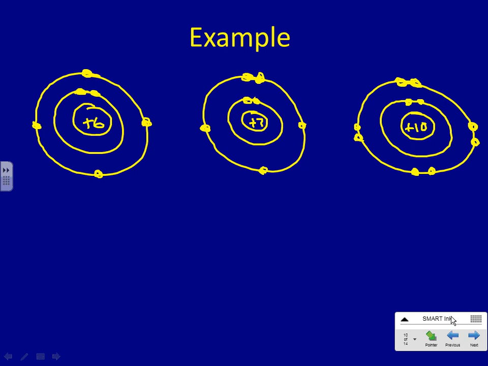But the more truthful answer, see, Abby, you were lied to a little bit last year. It's not just the full outer shell. Atoms are happy when all their electrons are paired up. It's about pairing electrons up that is really more important to atoms than just a full outer shell.